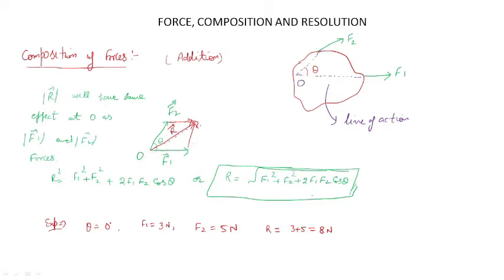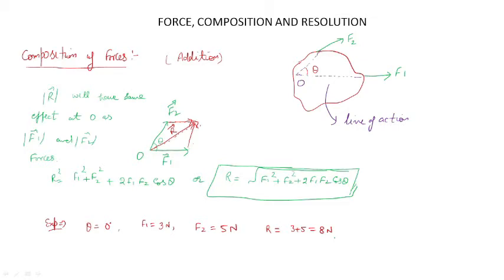Here you can see that if theta is 0 and F1 is 3 Newton and F2 is 5 Newton, and these two forces are acting in the same direction, because here theta is 0, so our resultant force will be 3 plus 5, that will be equal to 8 Newton. So this is called the composition of the forces.